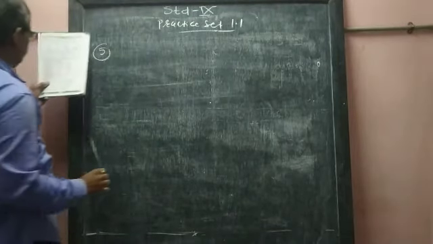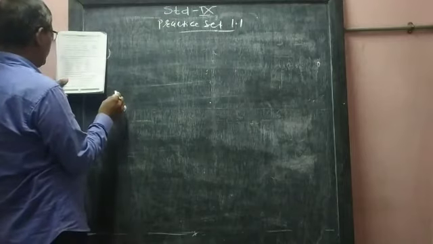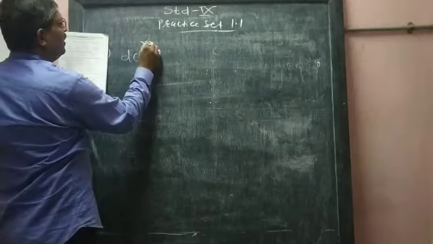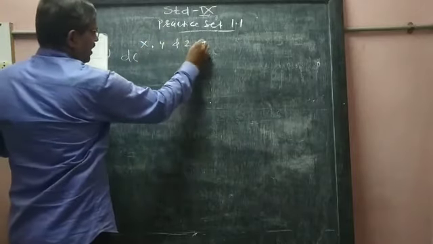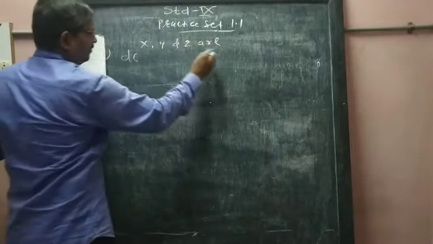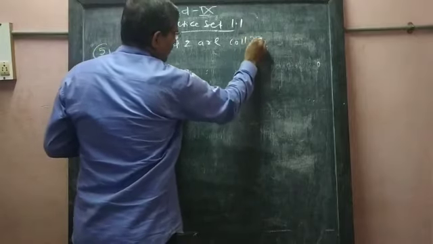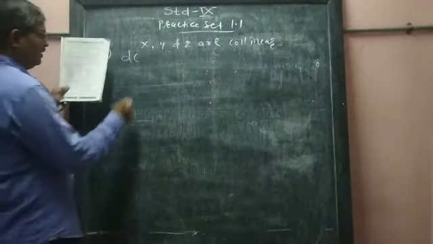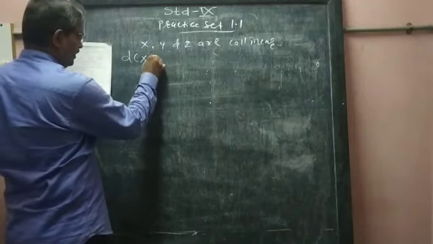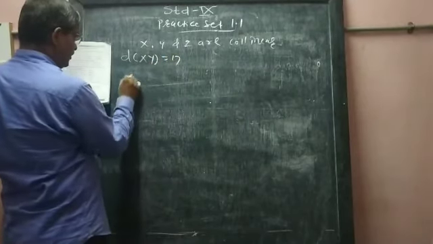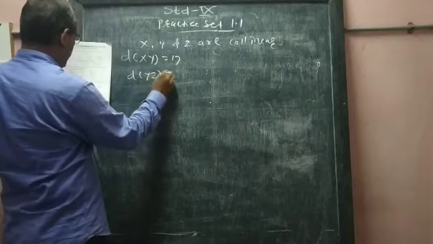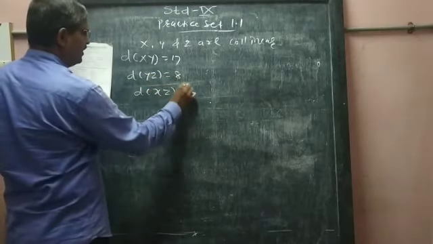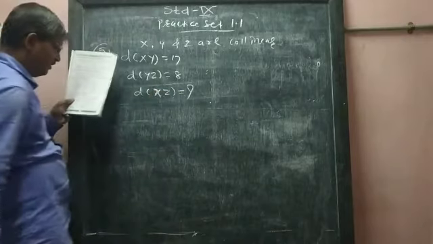Question number 5. Points X, Y, Z are collinear, such that distance XY is equal to 17, distance YZ is equal to 8, and you should find distance XZ is equal to question mark.